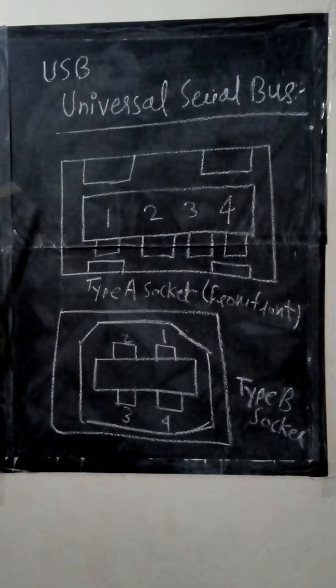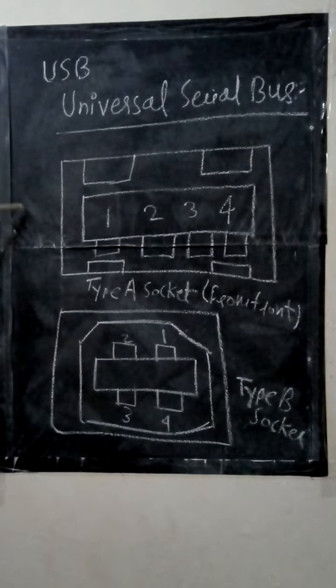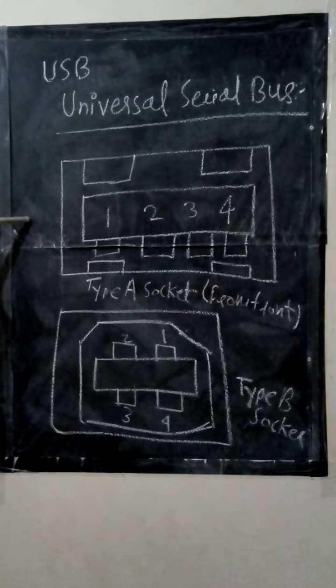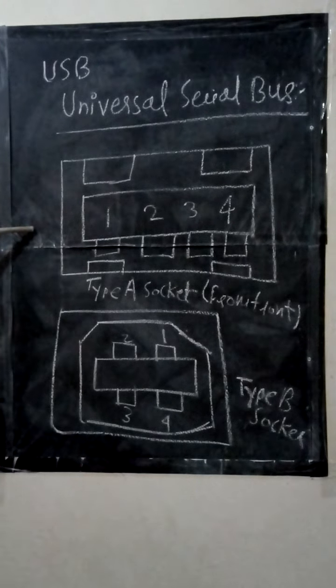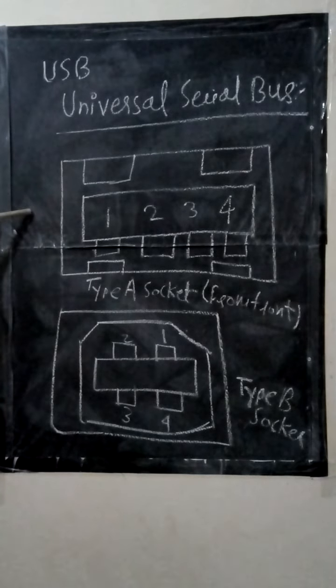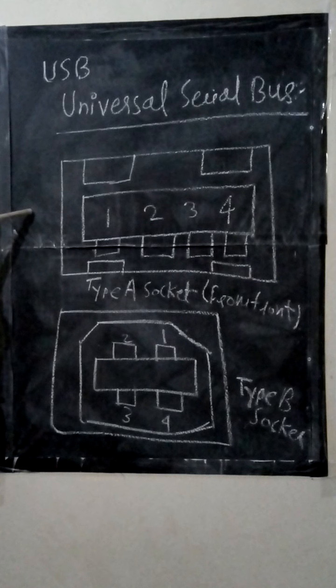So what are the advantages of universal serial bus? It allows users to easily attach and detach devices on the computer due to its easy plug and play type of system. USB allows the user to connect 127 devices to a computer at a time.